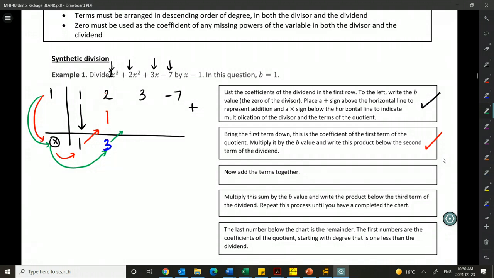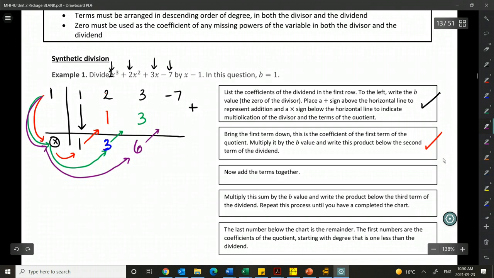It's 3. Now I'm going to add. I get 6. Repeat the process over again. 1 times 6. Answer goes up in this column, which is 6. And one last time, add. Should get negative 1.